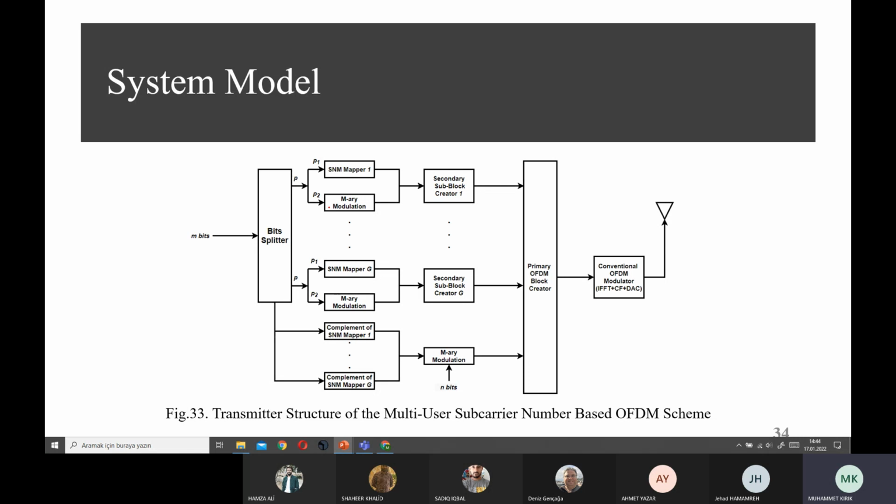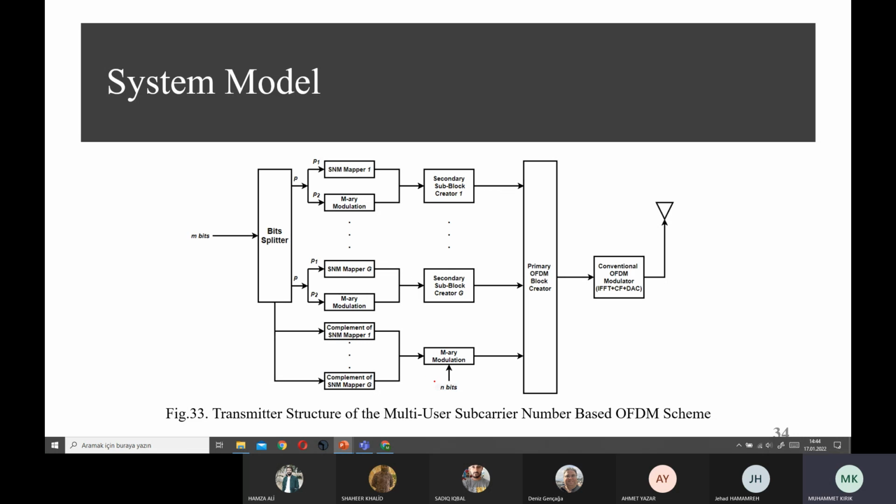This is pretty much the same as the antenna number modulation, but in this case we are only using the subcarriers because we are in the OFDM base. So after doing this separation for each subblock, we are sending them to the primary OFDM block creator. And on the other hand, we also have a near user here.